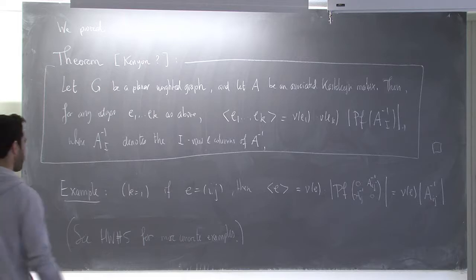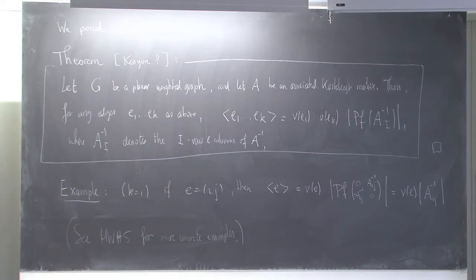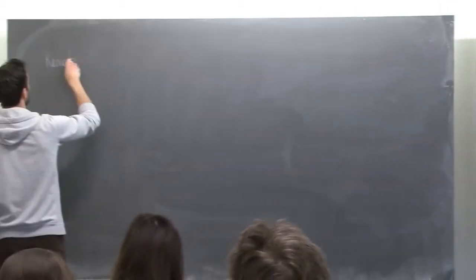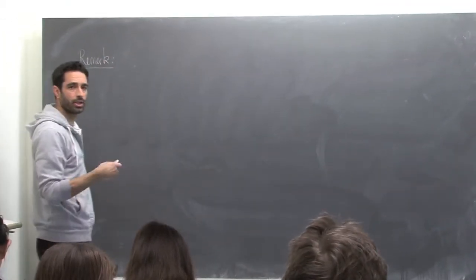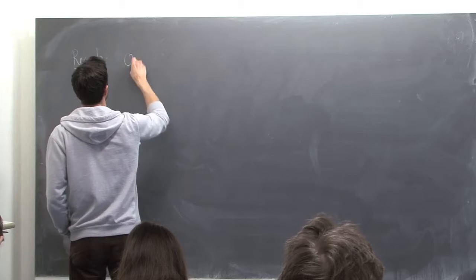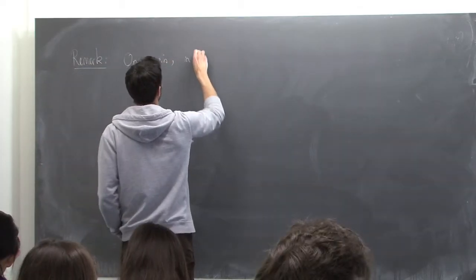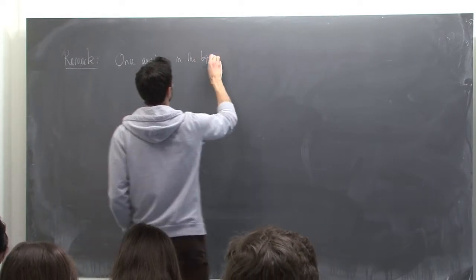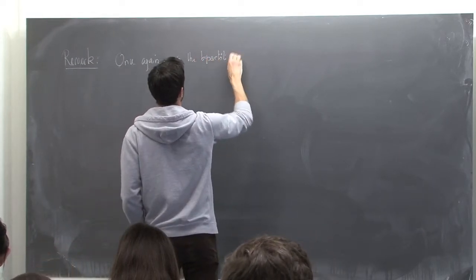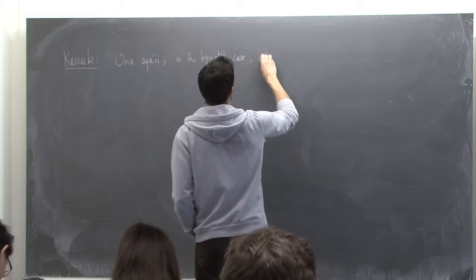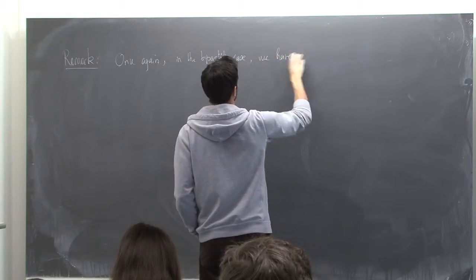And maybe just as a remark, again, in the bipartite case, you have a simpler formula, or let's say you can express everything only with the bi-adjacency matrix. So once again, in the bipartite case, we have a simpler formula.